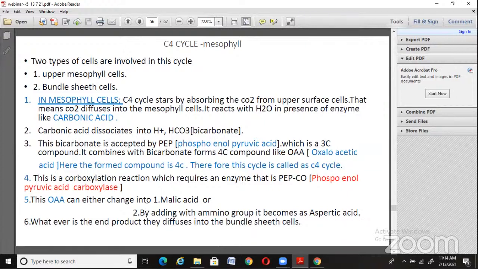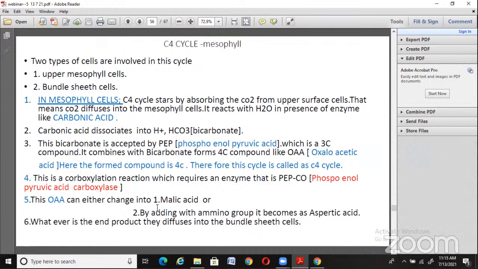So there are two ways. That means this OAA can change into malic acid or aspartic acid. Malic acid is directly synthesized, but aspartic acid is produced only when this OAA is added with an amino group.